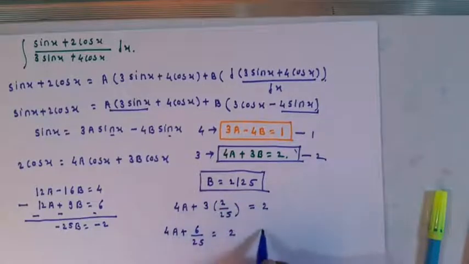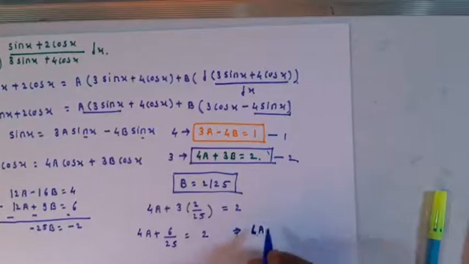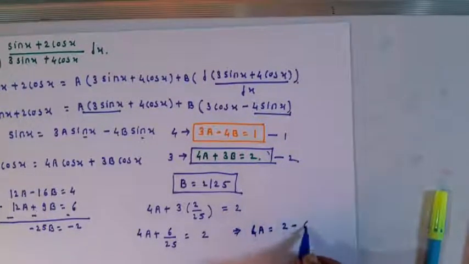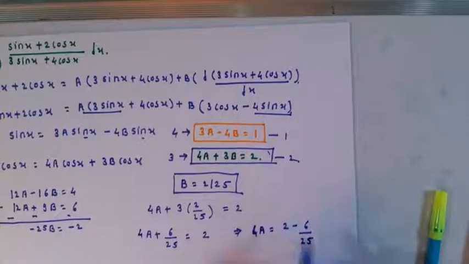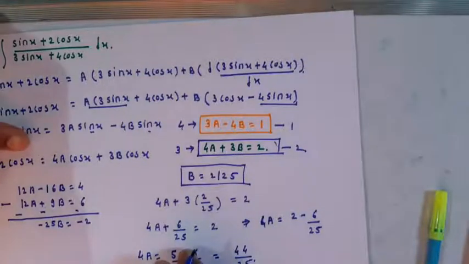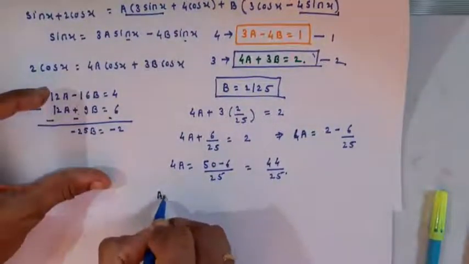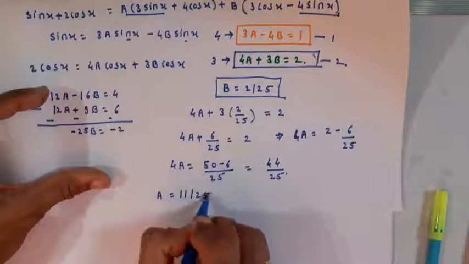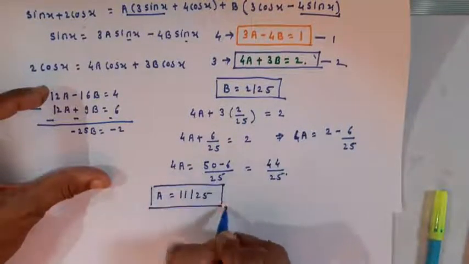So 4a equals 2 minus 6 upon 25, that is 4a equals (50 minus 6) upon 25, that is 44 upon 25, and hence the value of a is 11 upon 25.